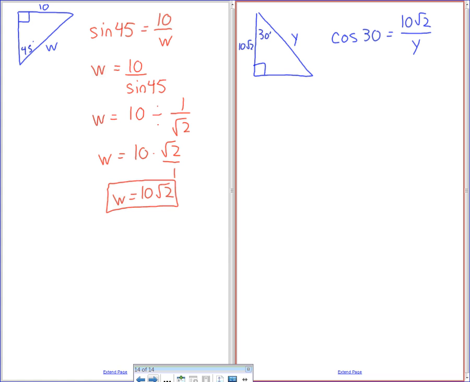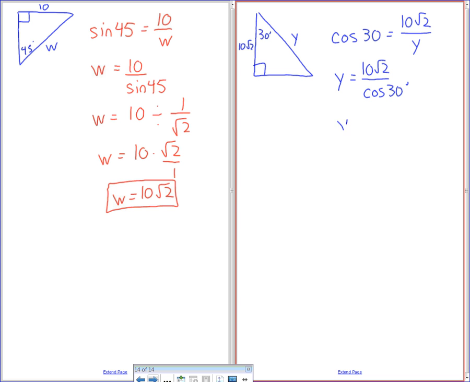How do I isolate y, please? Good. Great. Can someone tell me what cos 30 equals? Root 3 over 2.